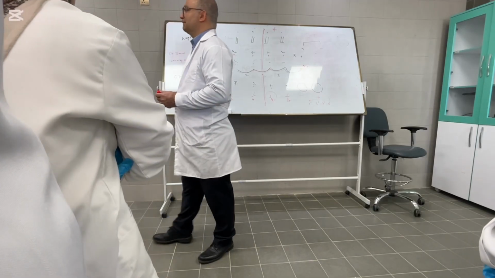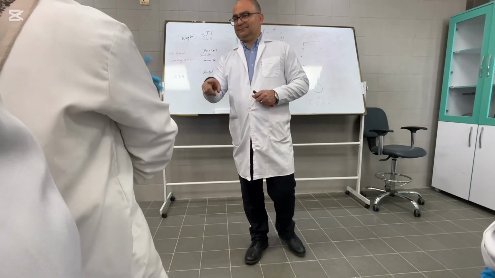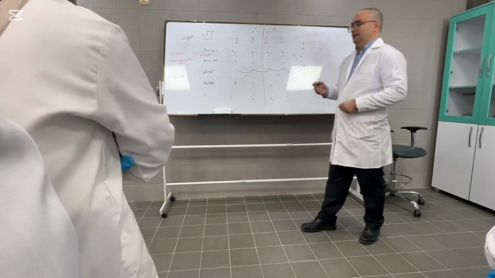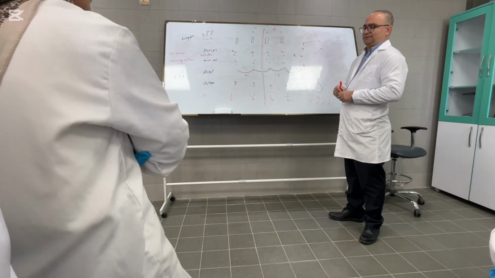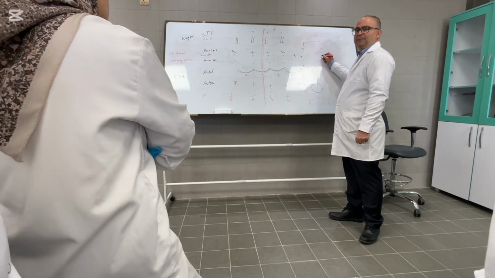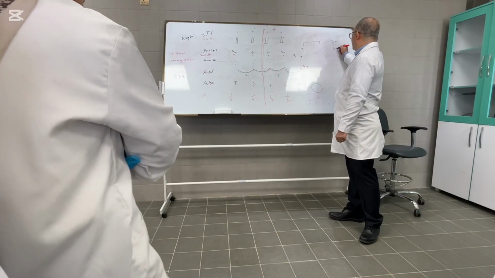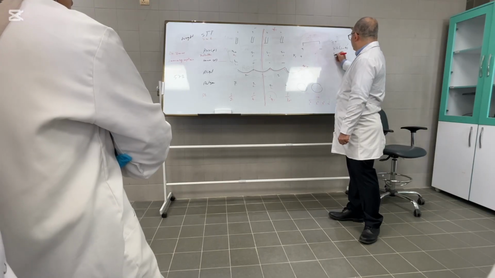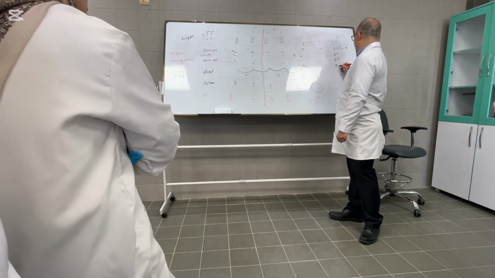Okay, it's good. Look at this. Our immune system, when in contact with antigens, produces antibodies. Which antibodies? IgM, IgG from 1 to 4, IgD, IgE, and IgA.